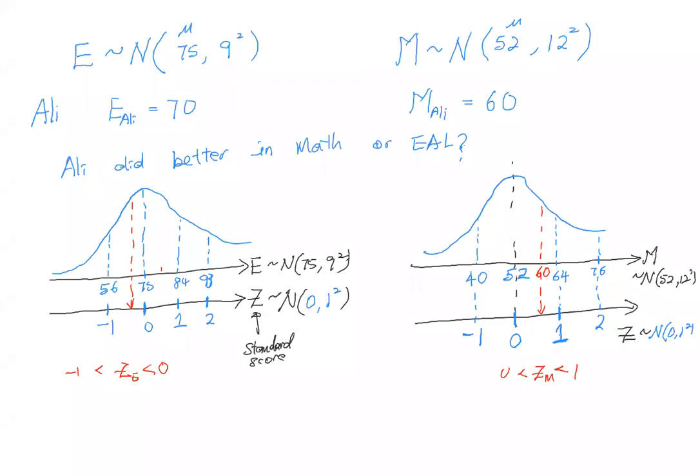So you see, if you know how to do standardized scores, you can base on the standard score and judge. When you look at the performance of someone, you don't look at the raw score only. You look at the whole group.